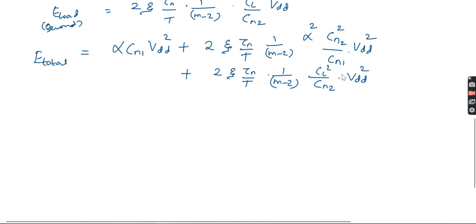Now let us simplify this expression. So we'll get alpha Cn1 into VDD square.